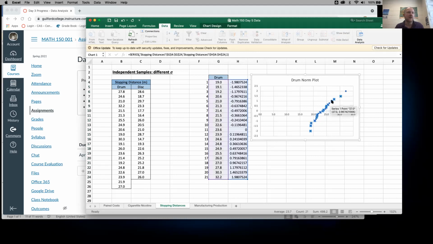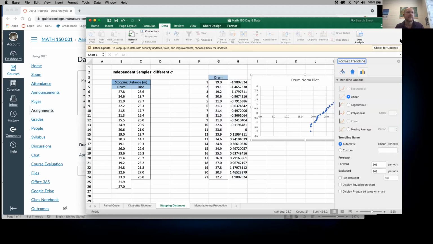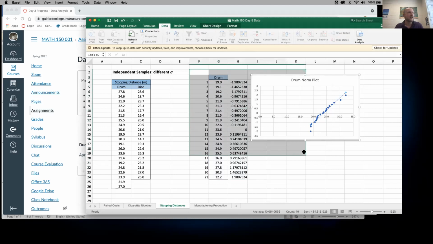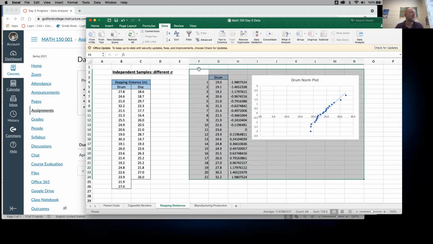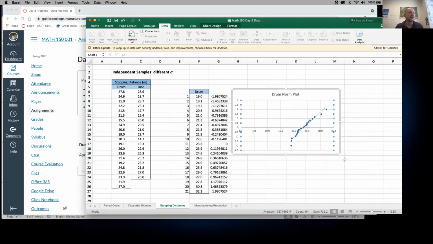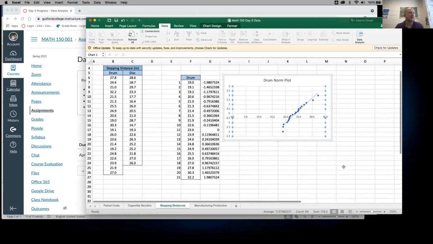So that looks like it's fairly normal looking, right? All right. And I think I'm going to take this stuff that we've got right here, and I'm going to drag it back over here a little bit closer, just to kind of get it where it's not taking up a whole lot of space.